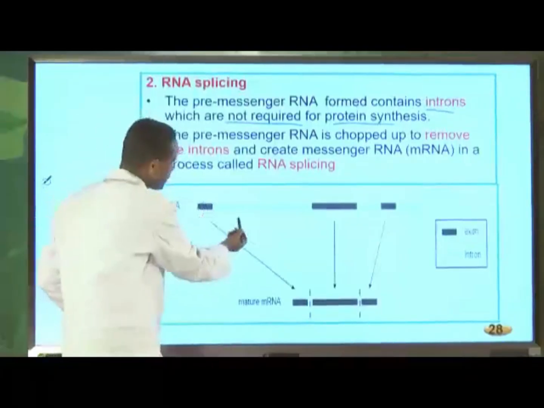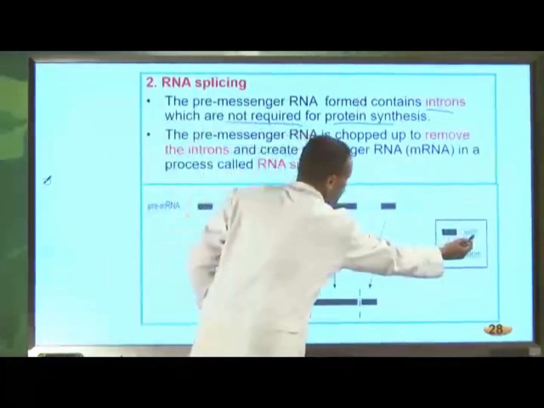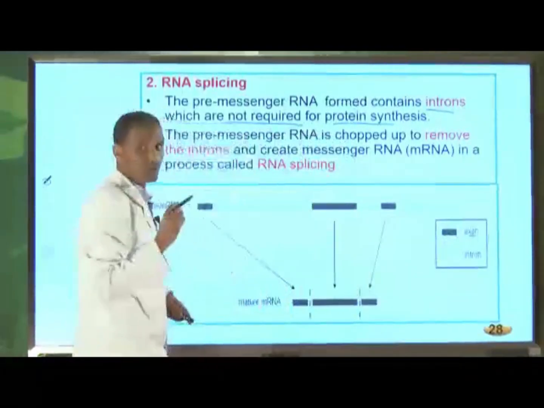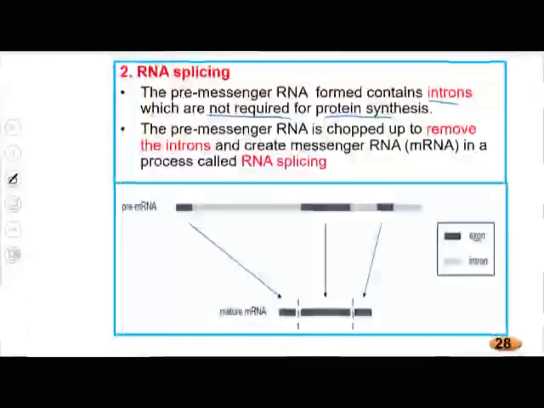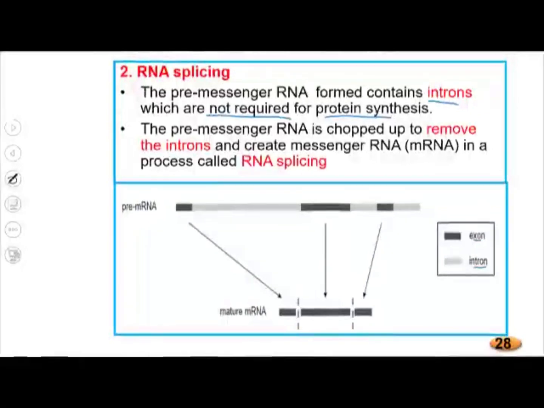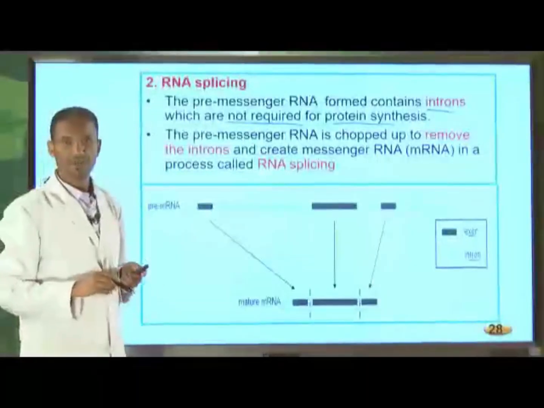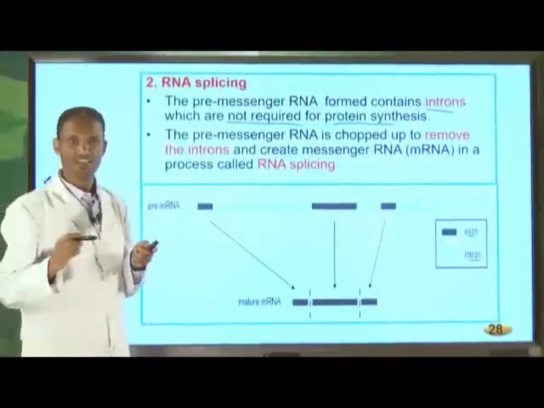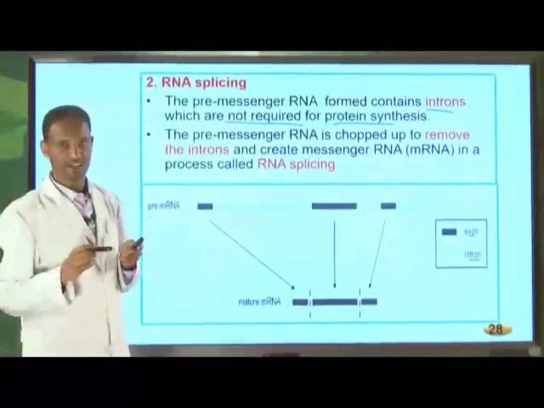This black portion represents the exon, which is important for protein synthesis, and the one which looks white is the introns. Introns are not required for protein synthesis. Therefore, they have to be removed from this pre-messenger RNA to get the desired messenger RNA.